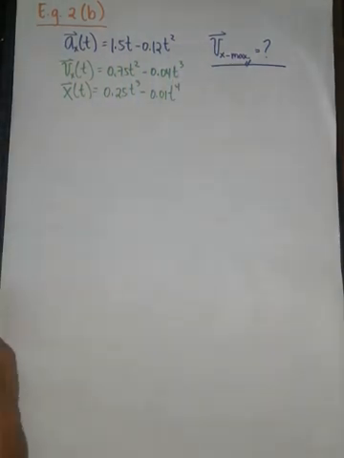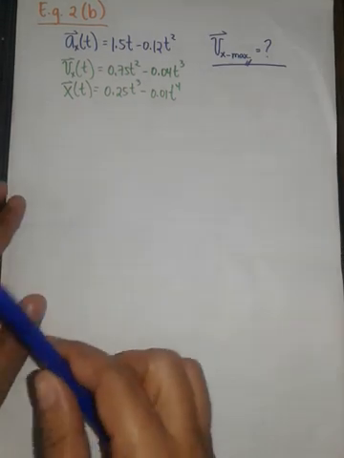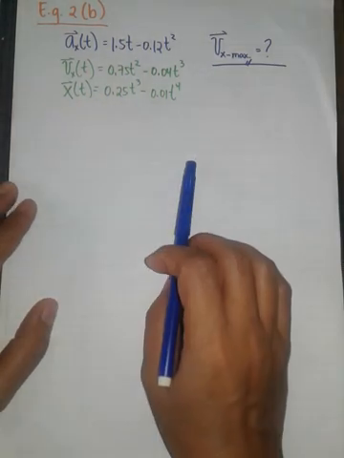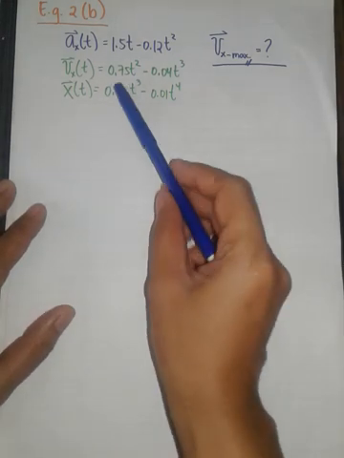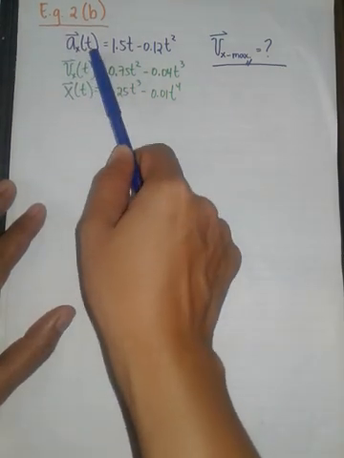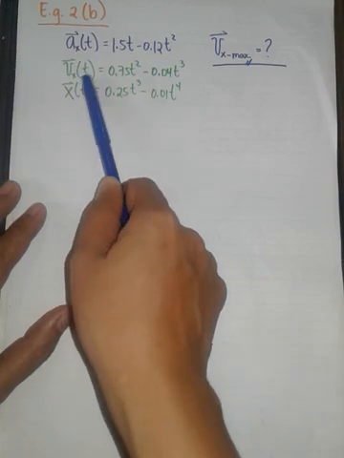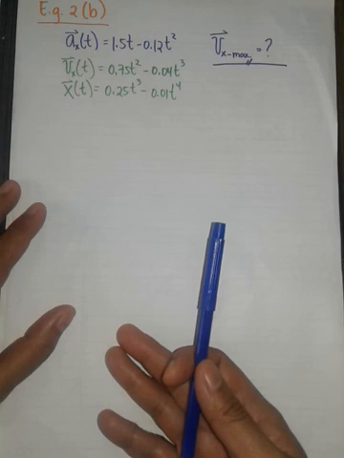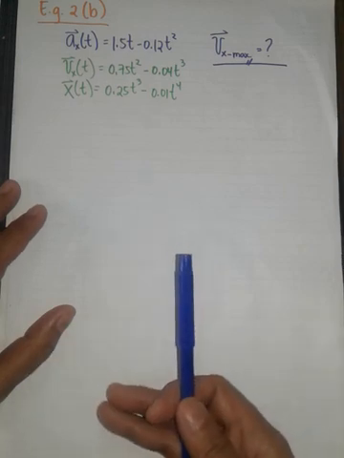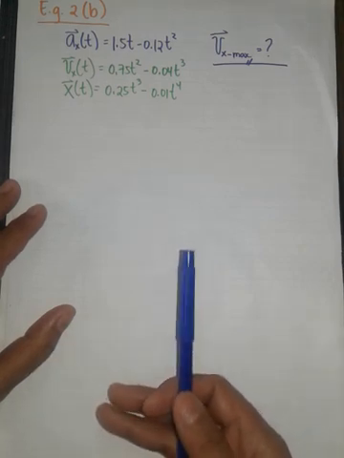But before answering that numerically, or going into the equations, let us first sketch the graph of A versus T and the graph of V versus T, so that we will be able to look into the physical meaning of the situation here.